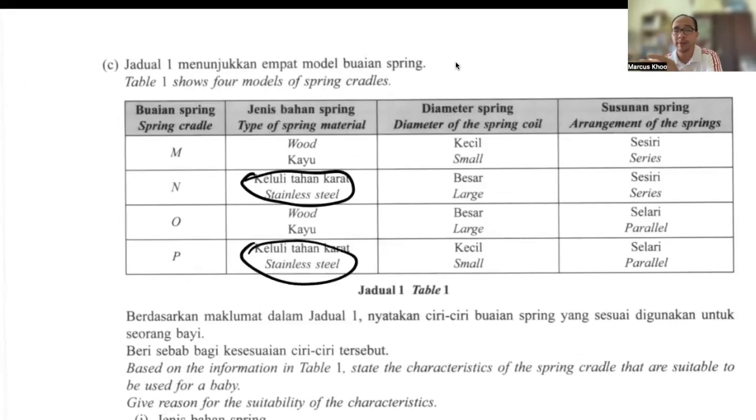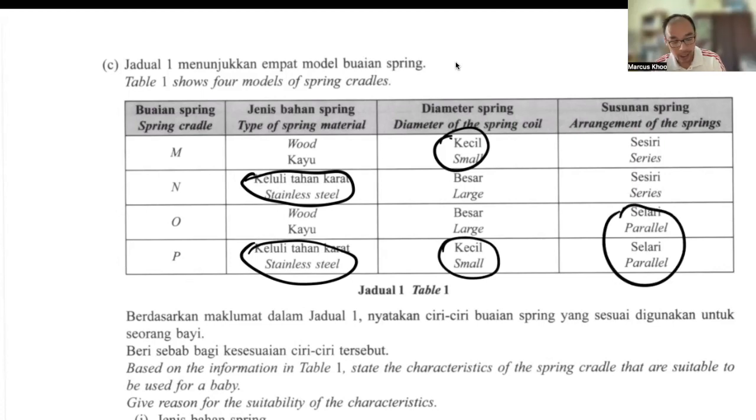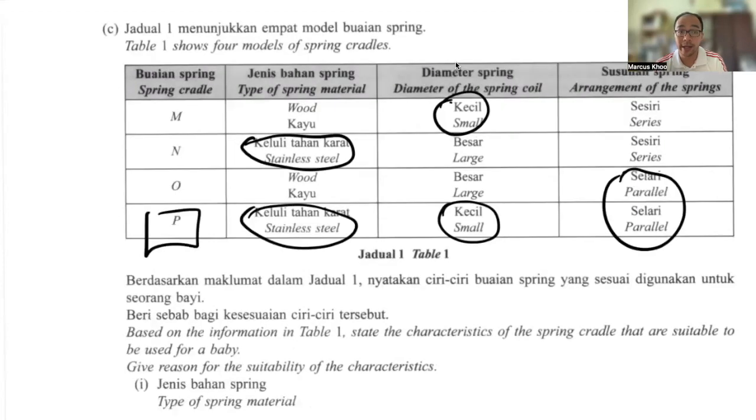I've never seen a wooden spring, but okay, fine. The diameter of the spring coil should be small. And then of course you want it to be in parallel, so that the extension won't be too much. So obviously the best choice would be P once you've done the analysis.